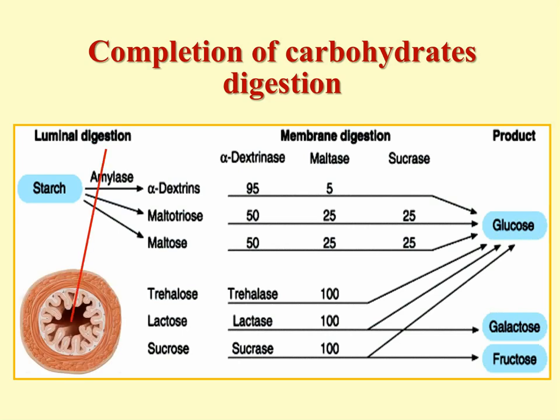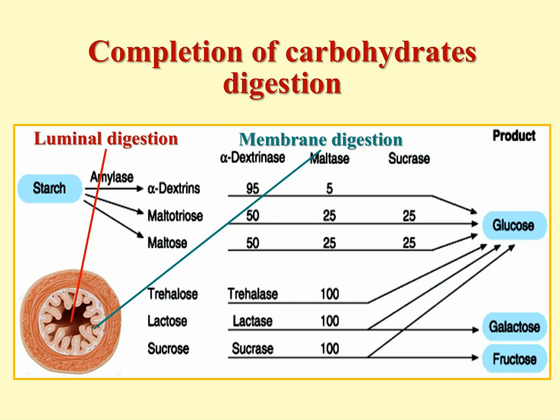So, luminal digestion is performed predominantly by the pancreatic juice enzymes, which operate inside the lumen and produce smaller molecules from larger particles. But final digestion occurs due to membrane digestion by enzymes of the brush border that belong to the intestinal juice.